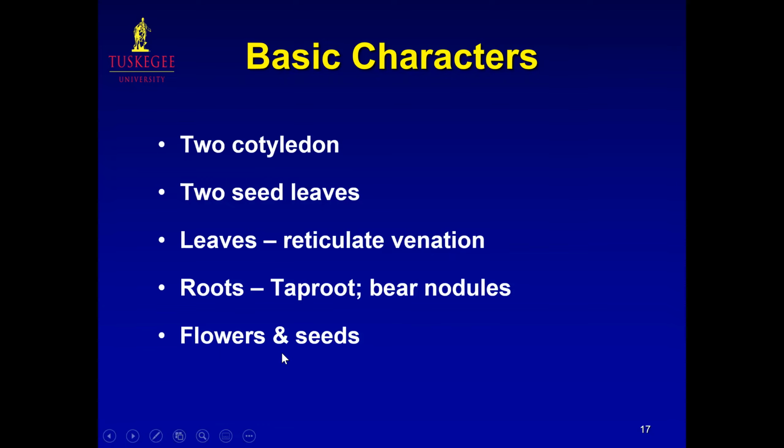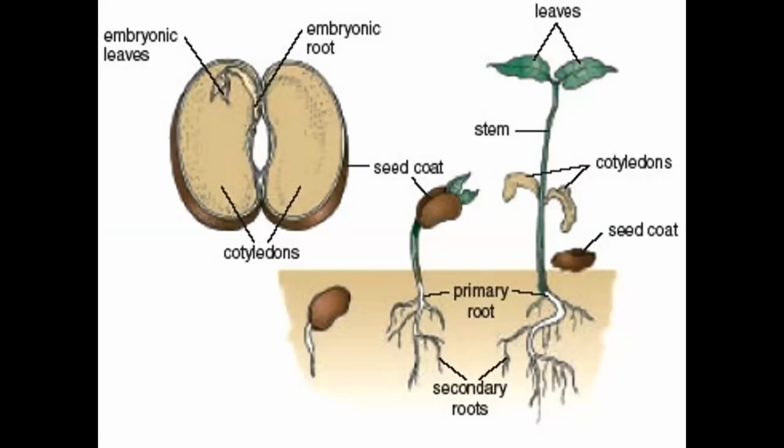Flowers and seeds are different as compared to grass forages, and they are different for different kinds of leguminous species. Over here you can see the two cotyledons, and then two leaves emerging from the seed. There are the first and second leaves there, and you can see the taproot system. The taproot means the main root emerges from the seed, and then other secondary roots develop from the taproot.